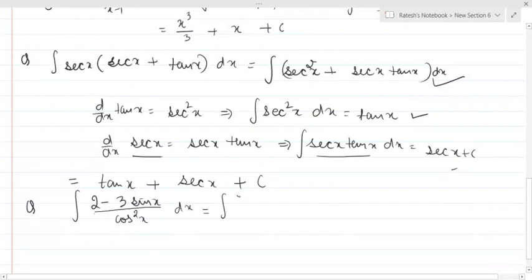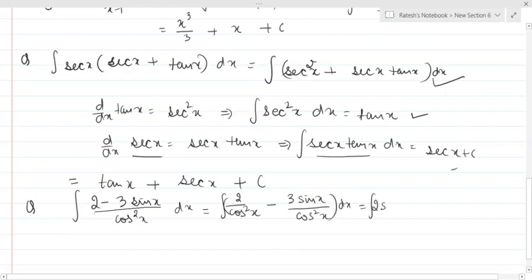Okay, so what will we write? 2 over cos square x, minus 3 sine x over cos square x, and dx. Okay, now what can we do here? The cos is here in the denominator, and you know 1 over cos is secant x.